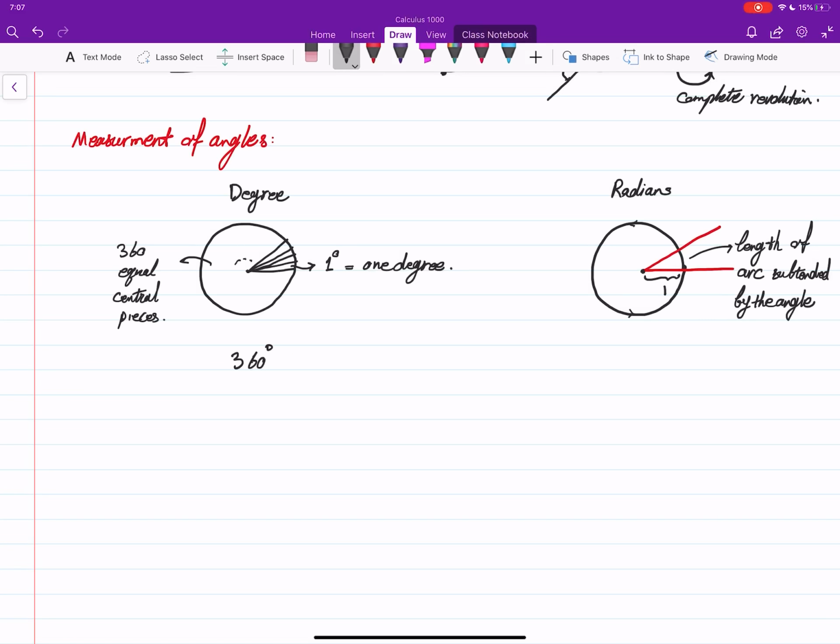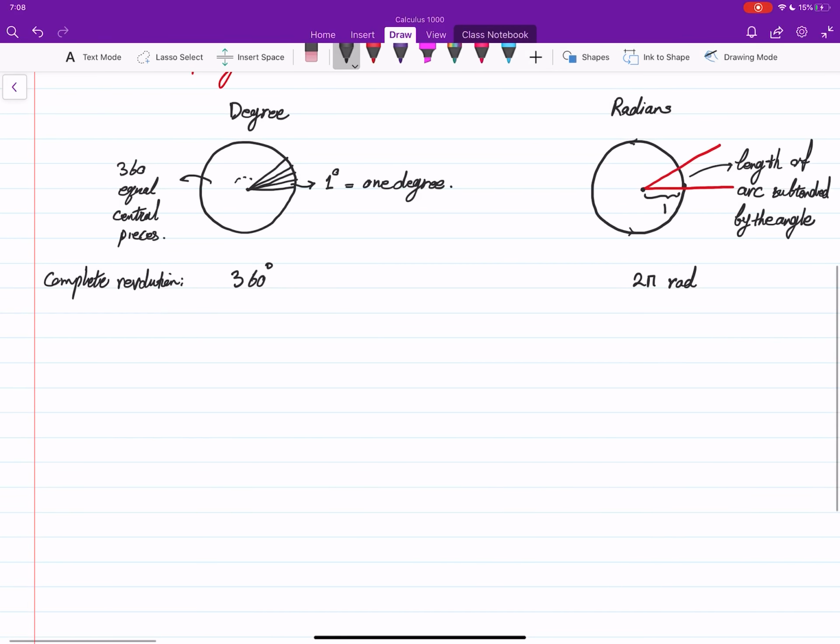Yes, it means the circumference of the circle of radius 1, which is 2 pi, and then we denote it by a radian. So this is a complete revolution. And you will see that in calculus, most of the time, well, I should say always, we will use radian instead of degree.